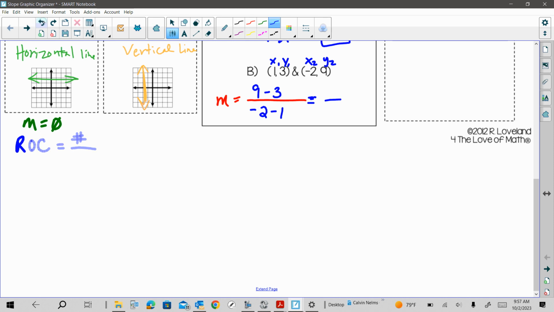It's 0 on the top, number on the bottom. 0 over number. For vertical, your rate of change, this is undefined slope, and that's the abbreviation for undefined, UND. And to get an undefined slope, it's the number over 0. Anytime 0 is at the bottom of your ratio, it's undefined.